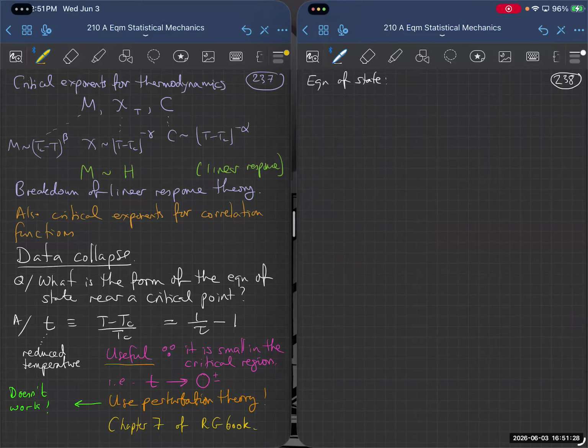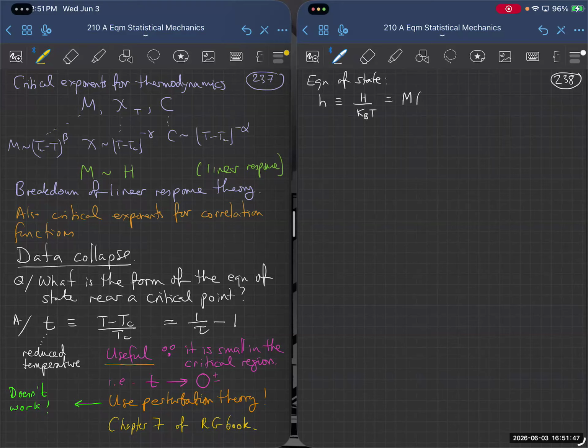For the equation of state, I'm going to define a variable which I'll call little h, which is h over kBT. And if you go back to the formula that I wrote down last time, which had m and then m cubed and then some taus and tau squared and tau cubed, and you write that all down, it looks like this.